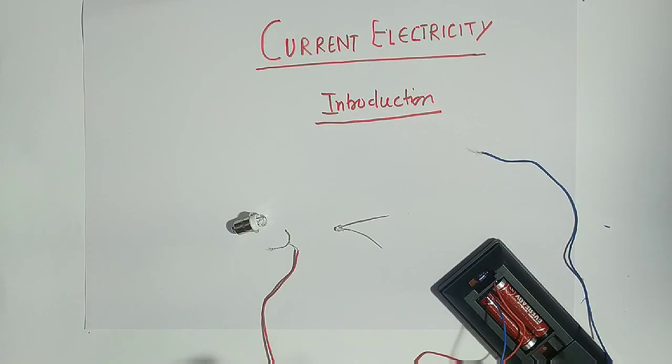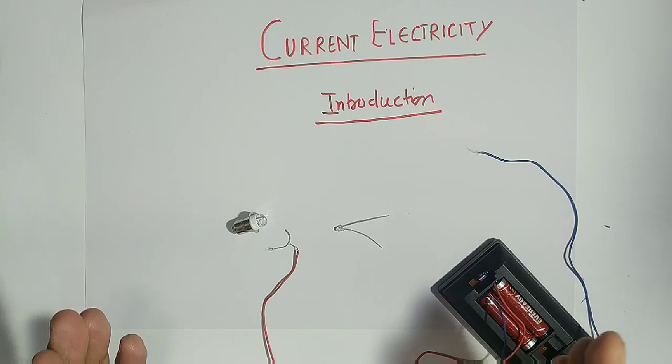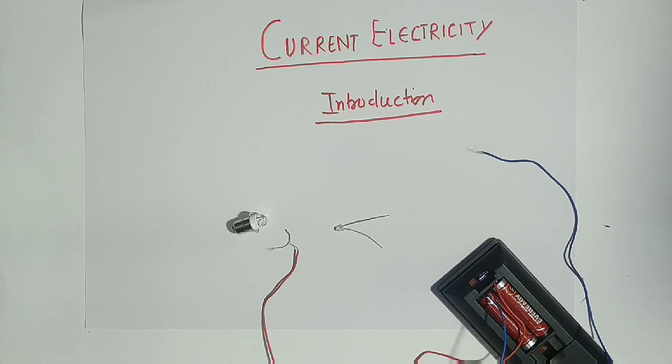Students, today we'll start chapter number 3, Current Electricity, a very important chapter with different laws and different devices. Now before starting this chapter, I will introduce you to a very important thing: the charges are now in motion.